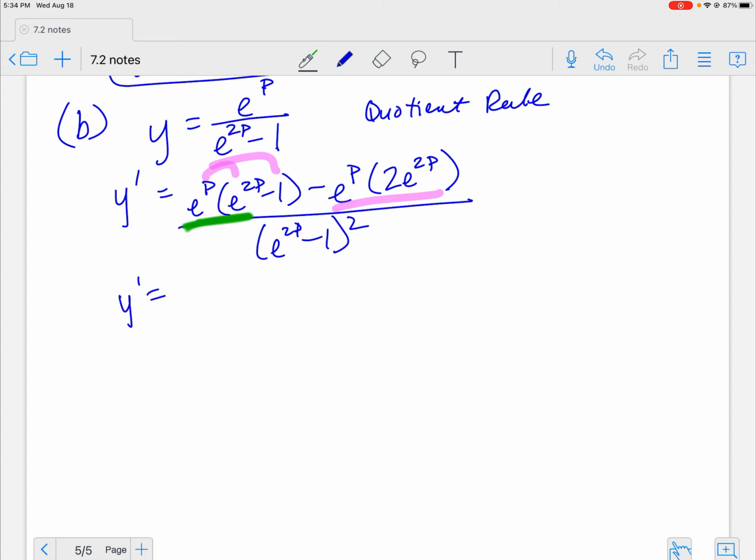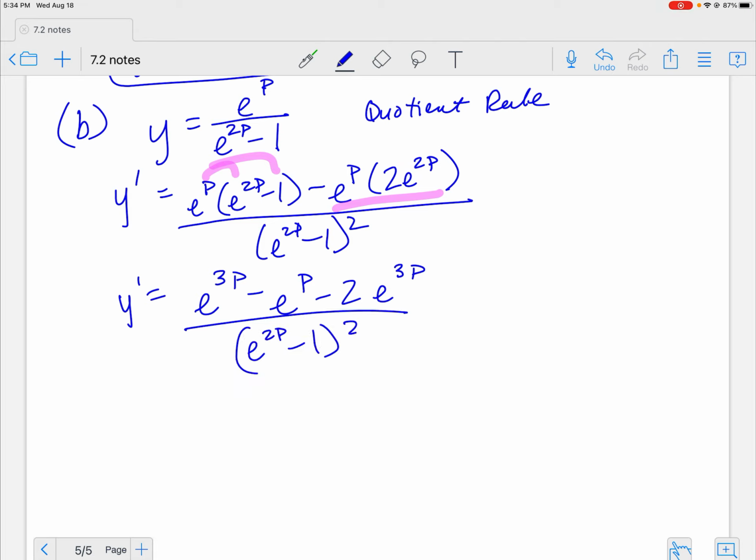So, like bases, you add the exponents. So 1p plus 2p is 3p's minus e to the p. Again, 1p plus 2p's is going to be 3p's. And now you have like terms. So combine your like terms.